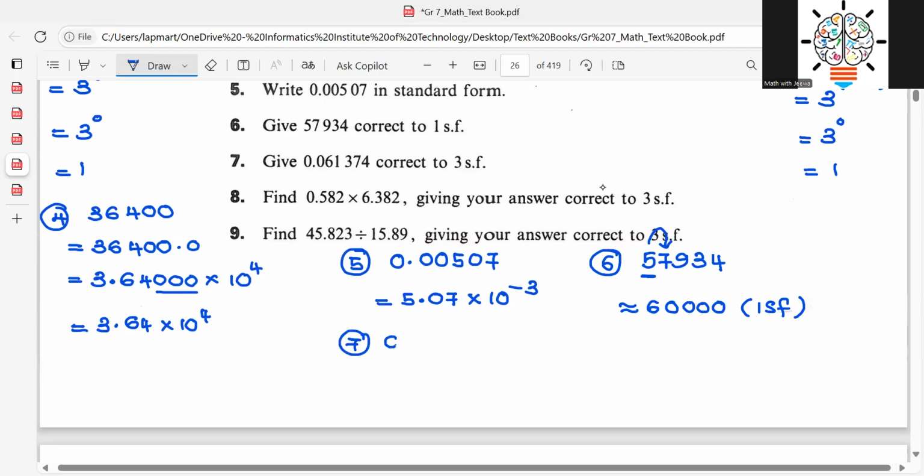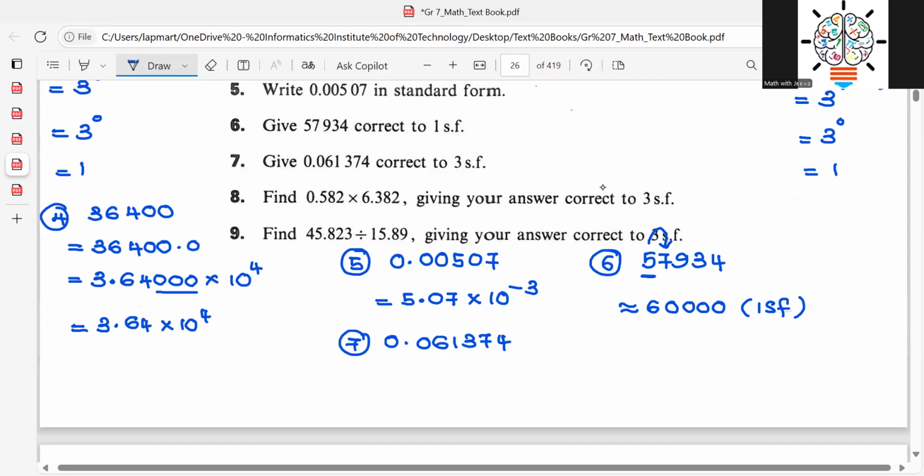Here you have 0.061374, and this time you want to identify the third significant figure. By now, you know, if you have a decimal like this and you have zeros in the front, we don't consider them as significant figures. The first significant figure always should be a number between 1 and 9.